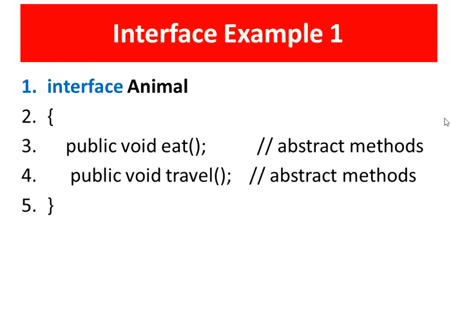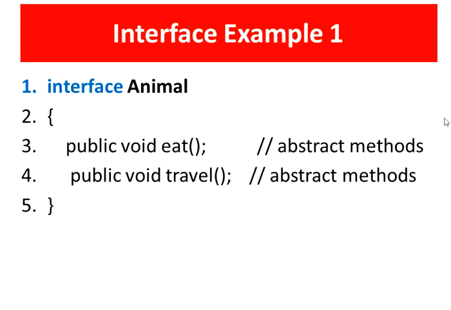But these two methods are abstract methods. That means here their declaration is done, but their implementation, that is their functional logic, is not written here. So it has to be written by some other class. That's why we cannot create an object for an interface.